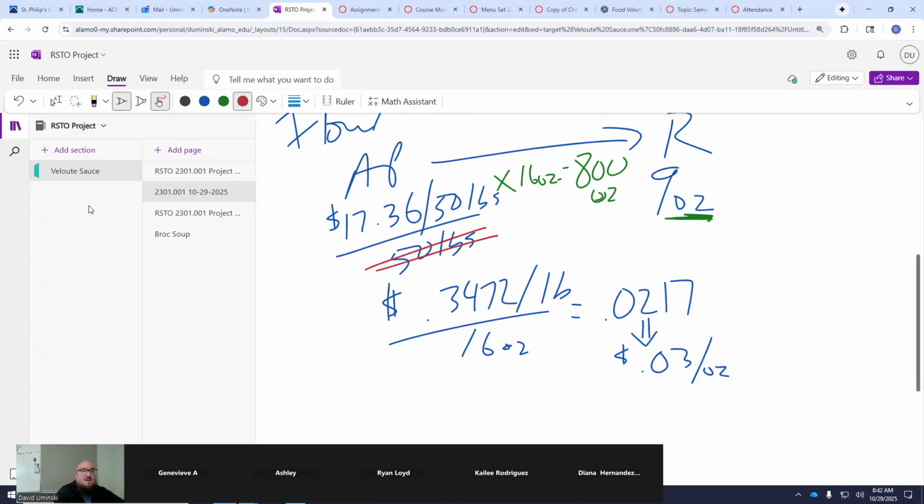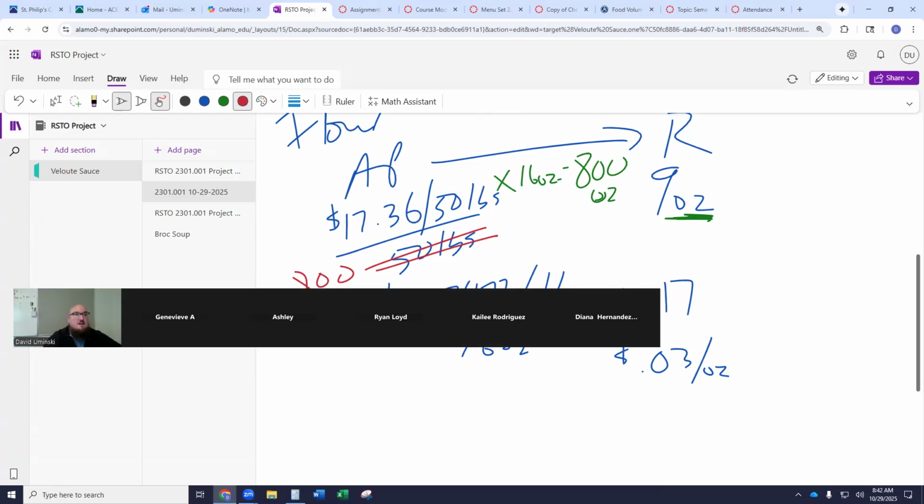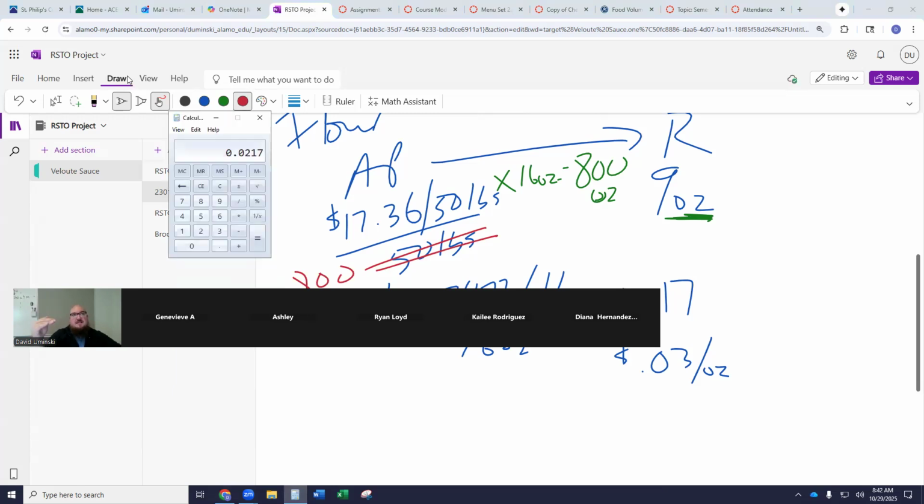And then when you divide $17.36 by 800 ounces, you're already in your cost per ounce, right? You don't have to do the step-by-step division conversion. $17.36 divided by 800 ounces will automatically give you that 0.0217, right? So we're going to round that up to 3 cents per ounce. Sure.